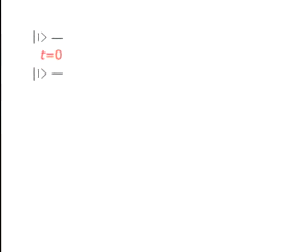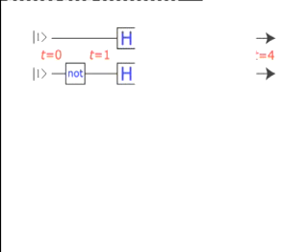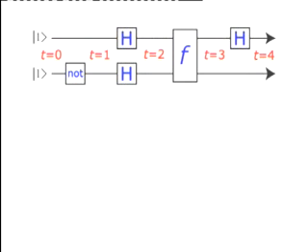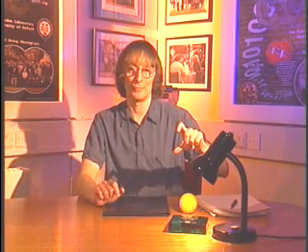The quantum network that solves our problem contains a NOT gate, 3 Hadamard gates, and the oracle. At time 0, the beginning of the computation, the state of each qubit is the eigenvalue plus 1 eigenstate of its Z observable.